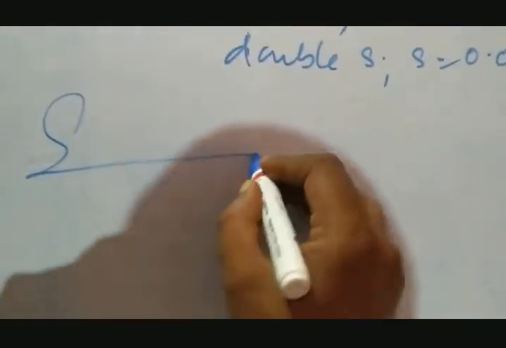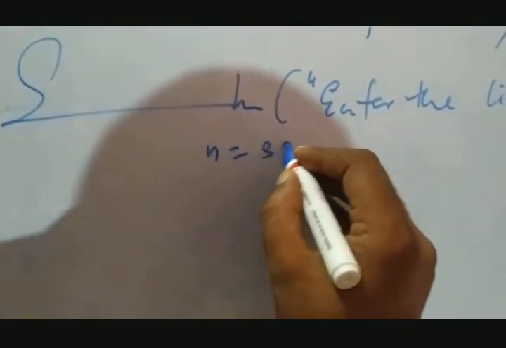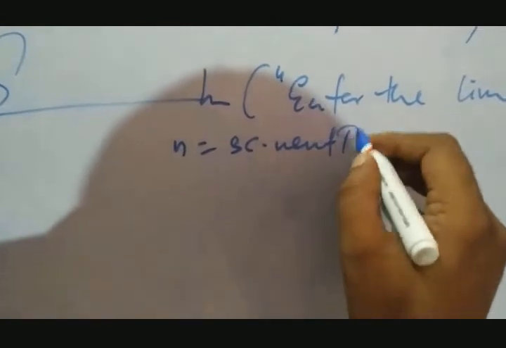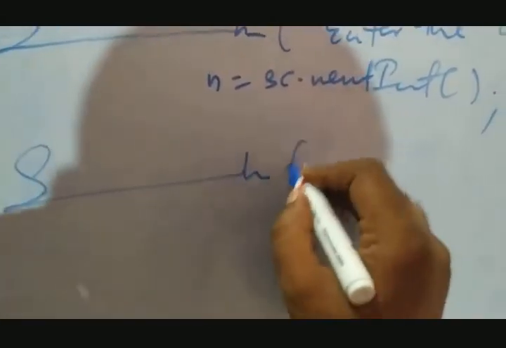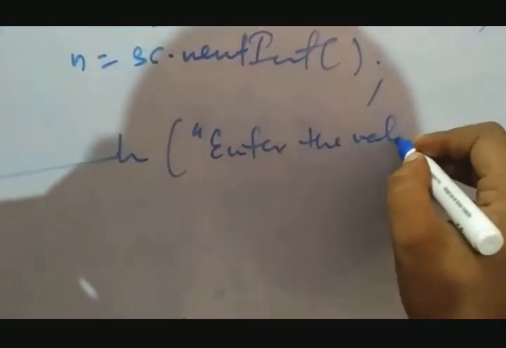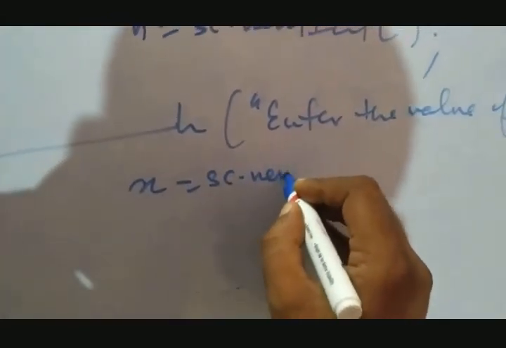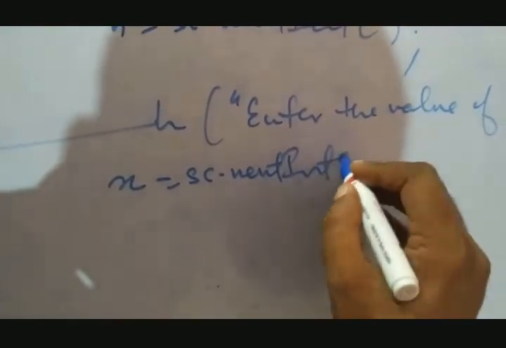So plain. Enter the limit. So we go with the limit n equals to sc dot next int method. So plain. Enter the value of x equals to sc dot next int method.